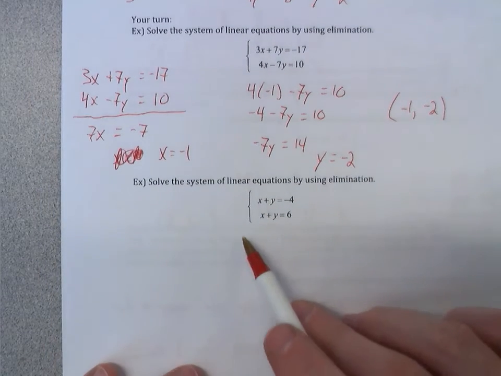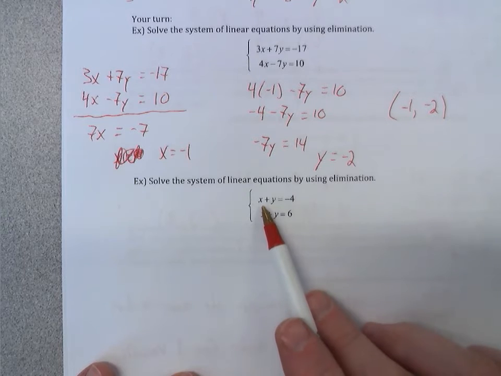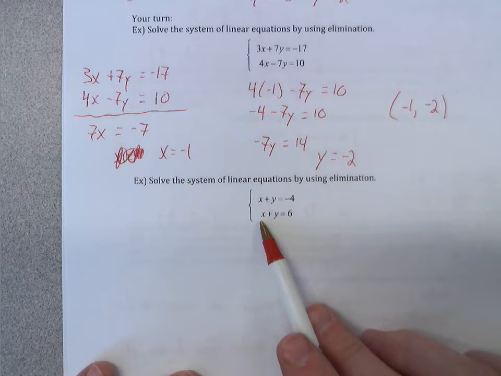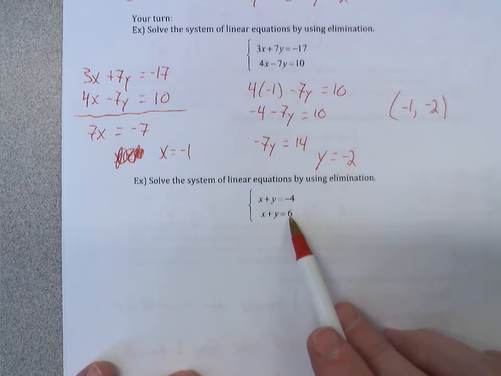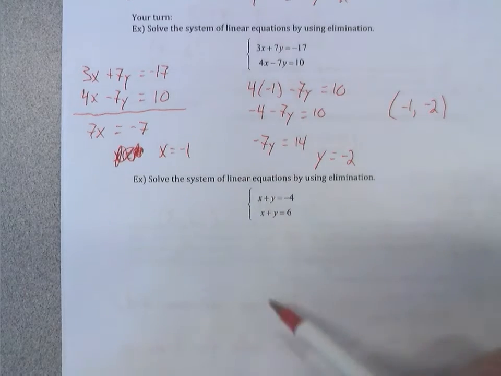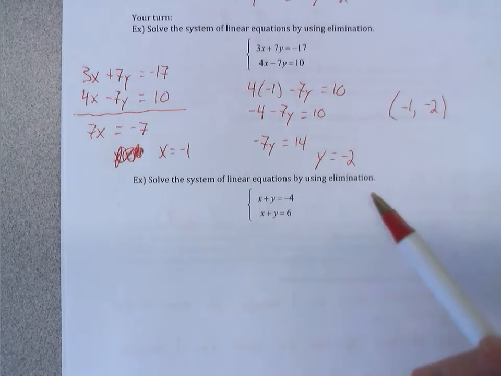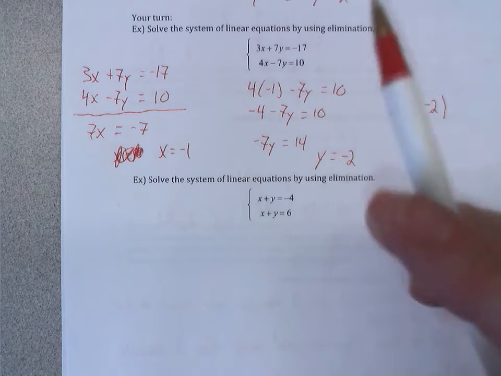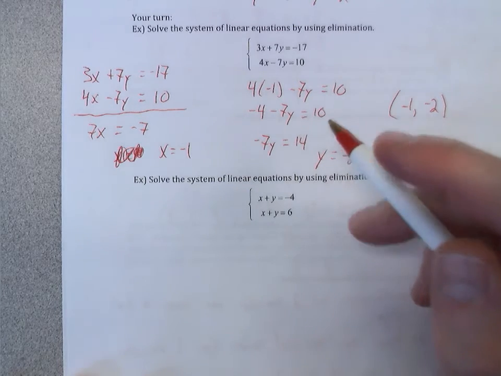All right, next let's look at another example. We have x plus y equals negative 4, and x plus y equals 6. So the x's and y's are equivalent to each other, but none of them have opposite signs. So what can we do? Well, it's pretty simple. We can actually just multiply one of these by a negative number.